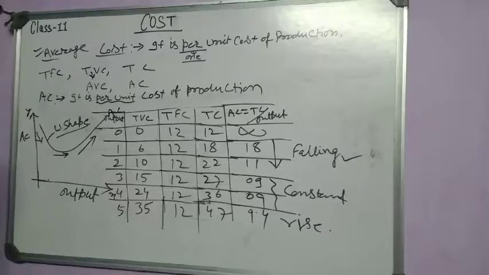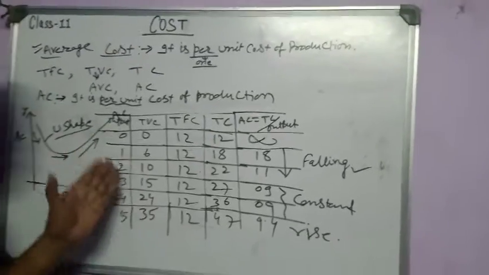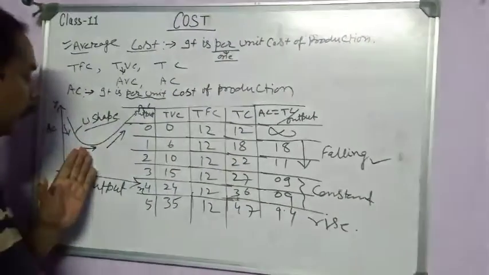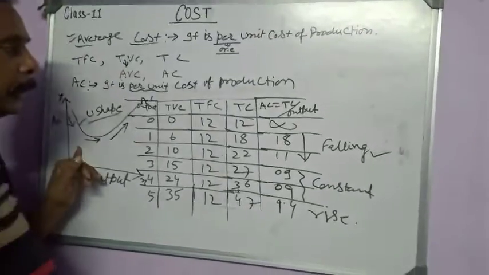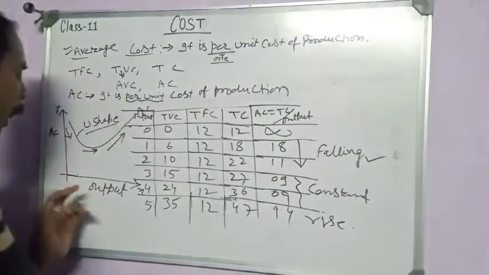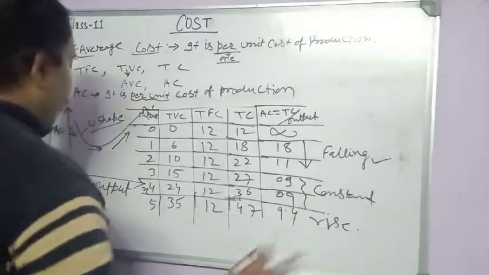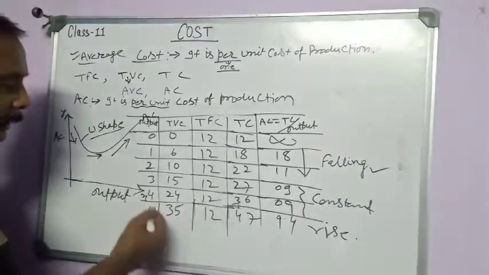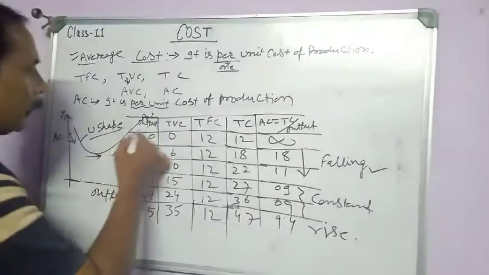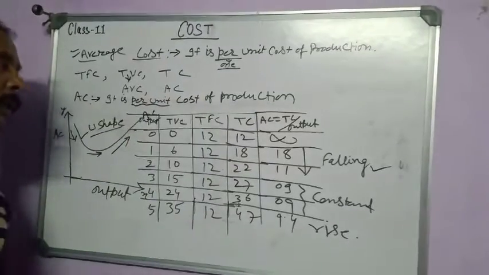In simple words, we can say as the output increases, at a particular output it continuously falls, after that it becomes constant, and as we increase the output, the average cost starts to rise.